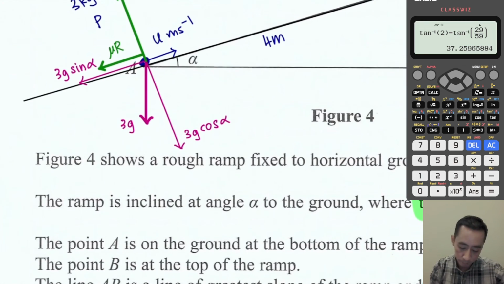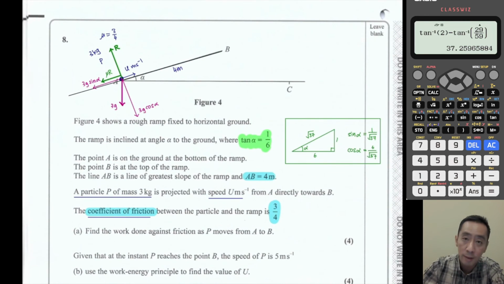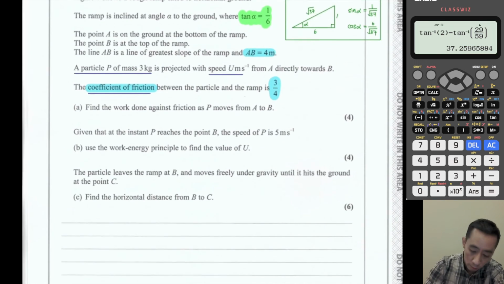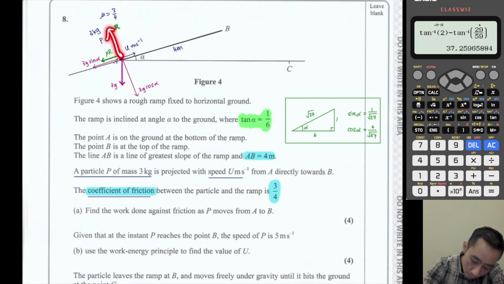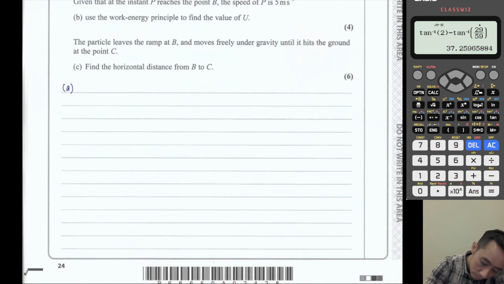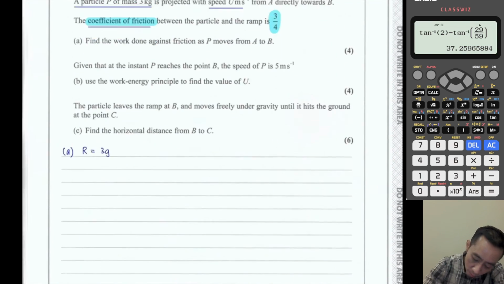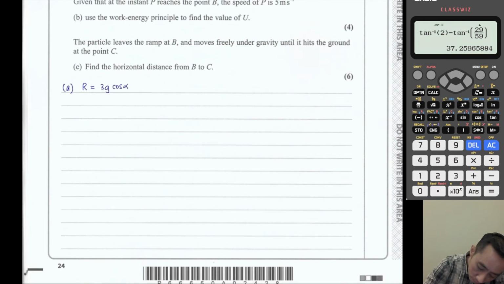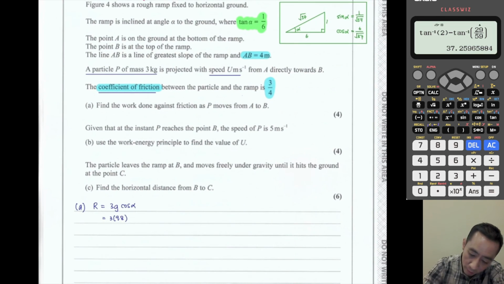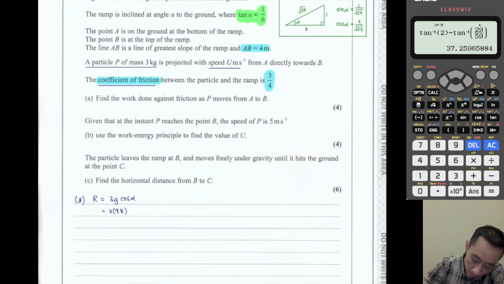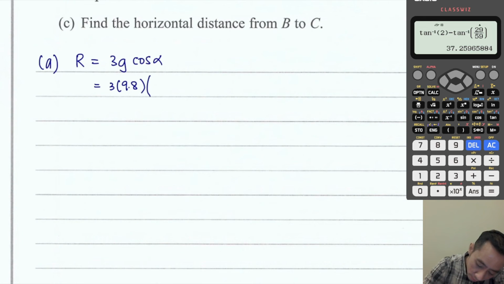Now let's find the value of R here. Because R and this one are equal, R is equal to this. So R is equal to 3g cosine alpha. g is 9.8, so 3 times 9.8, and then cosine alpha, which I have determined, is 6 over square root of 37.